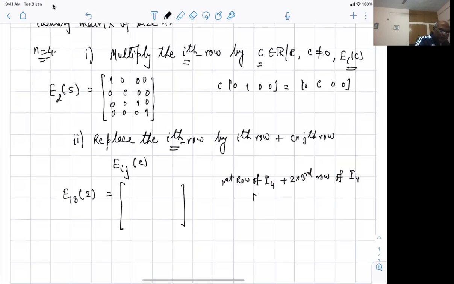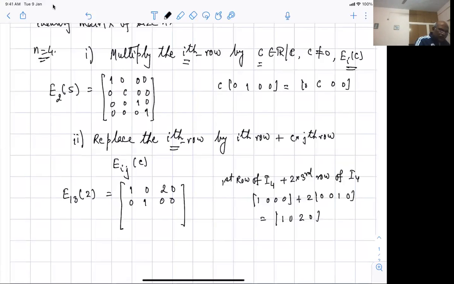So first row of identity is 1 0 0 0 and 2 times the third row of identity gives me 1 0 2 0. So this is my first row, because I'm replacing the first row. There is no change in the second row, so it remains as it is for the identity part. There is no change in the third row, and no change in the fourth row. All right, so this is my E13.